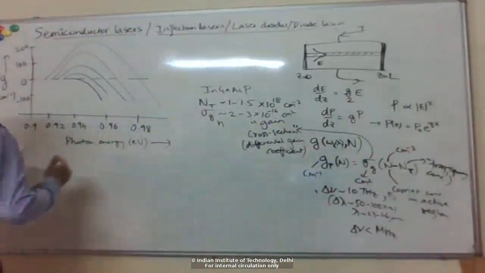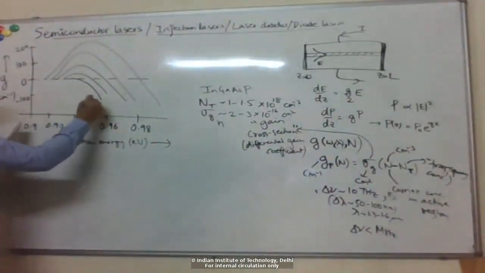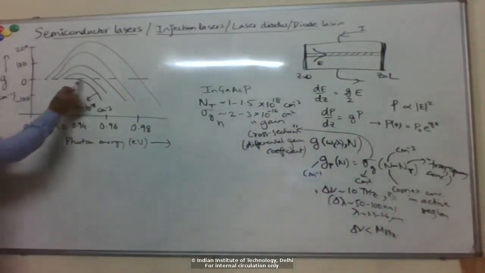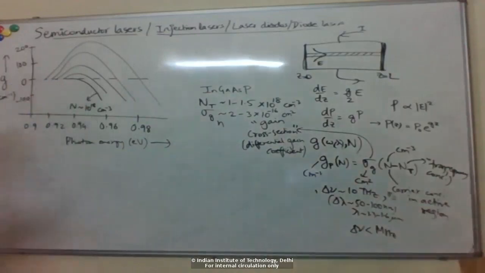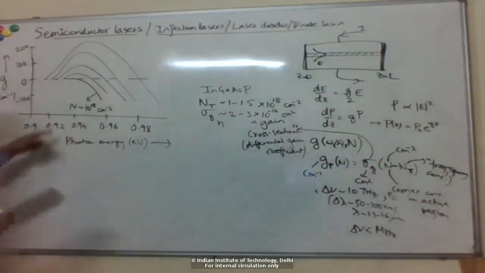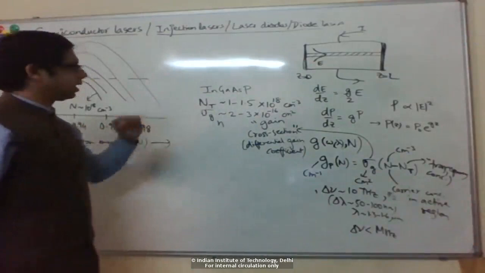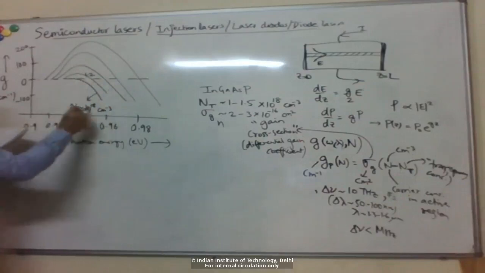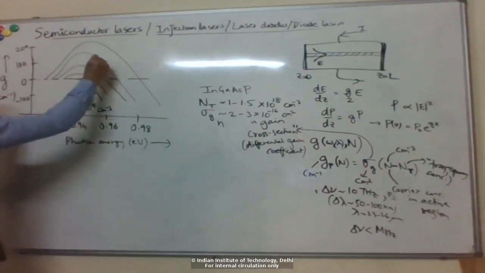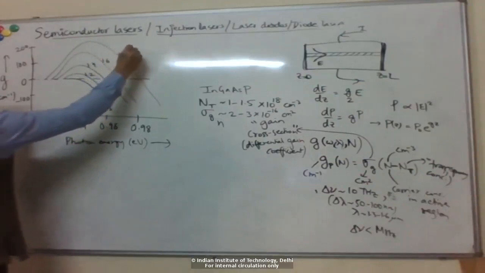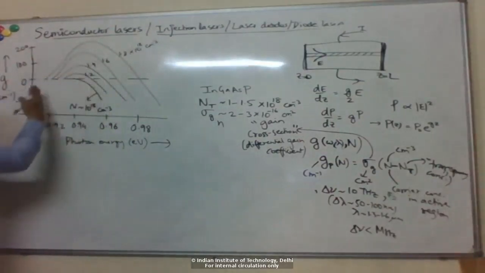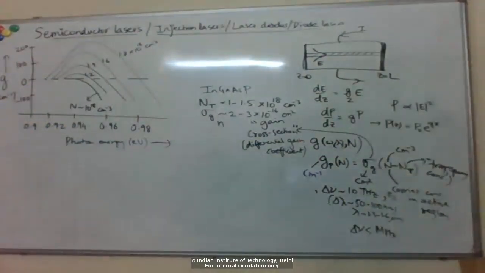At very low currents, where N is like 10 to the 18, the G value is negative everywhere, so you have only loss. Then I start increasing the current and N goes beyond NT. This is for 1.2 times 10 to the 18, 1.4, 1.6, and this is 1.8 times 10 to the 18. You can see that now I get gain over some range of frequencies or wavelengths.